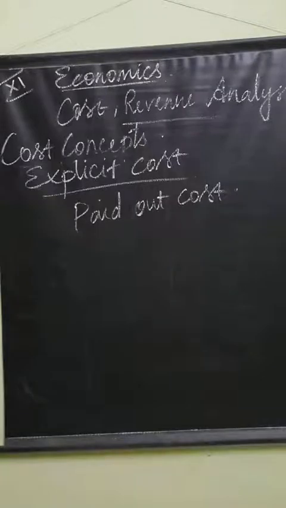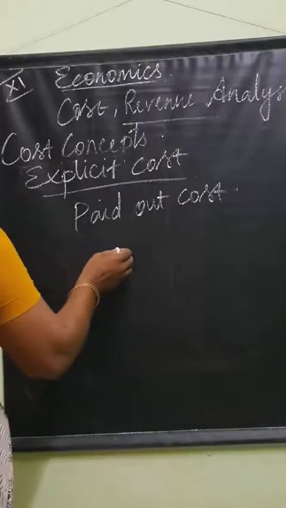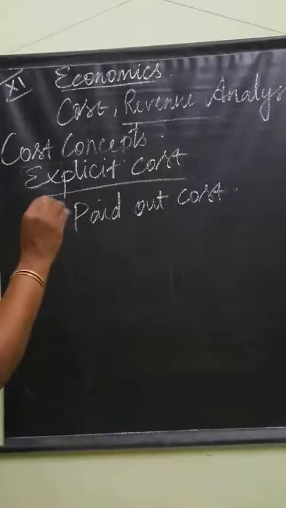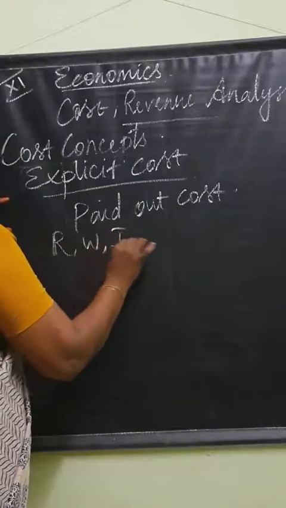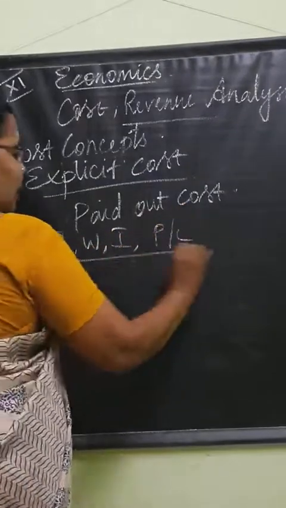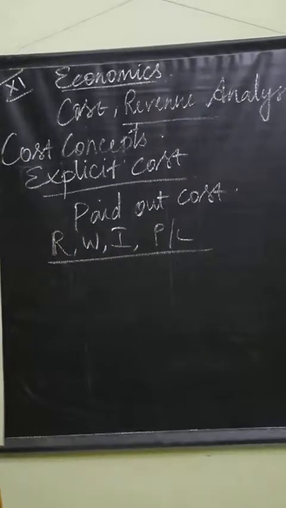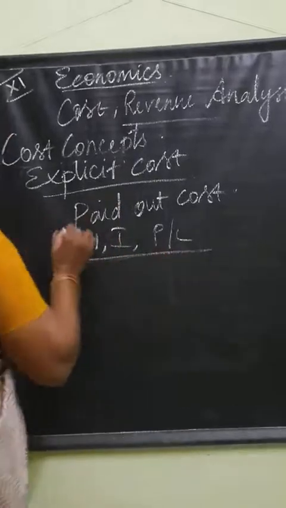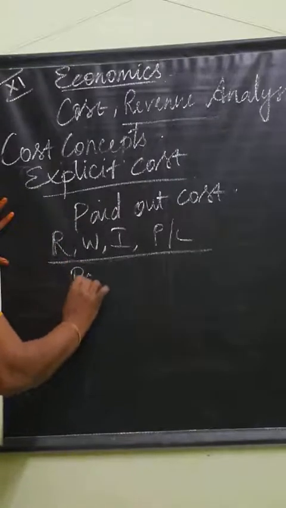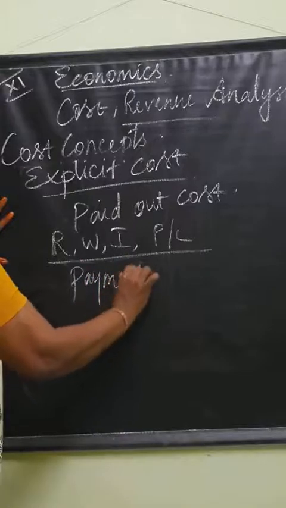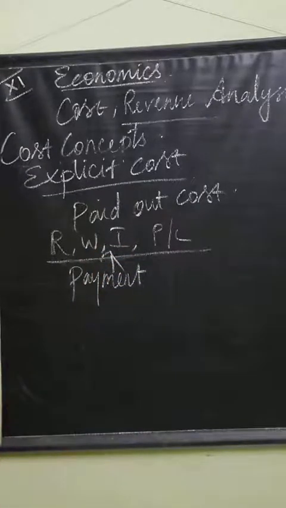So the payment made for the purchase of the factors of production, as I said, land rent, wage, capital interest, entrepreneur profit or loss, we are paying the reward for the factors of production, isn't it? So the payment made to the factors of production is known as explicit cost.